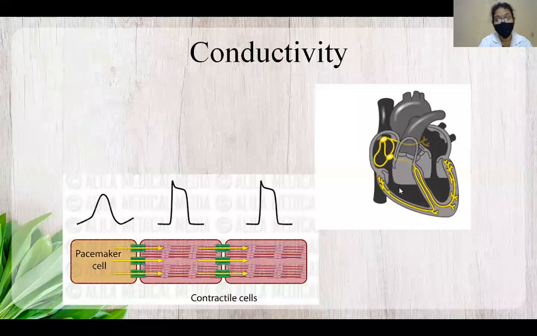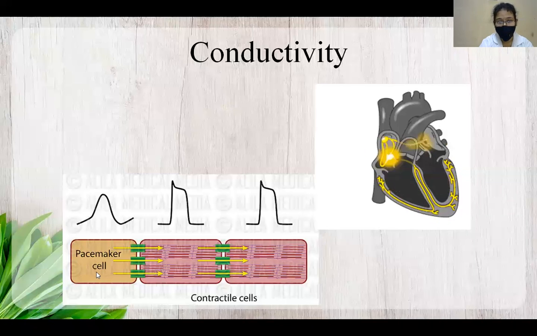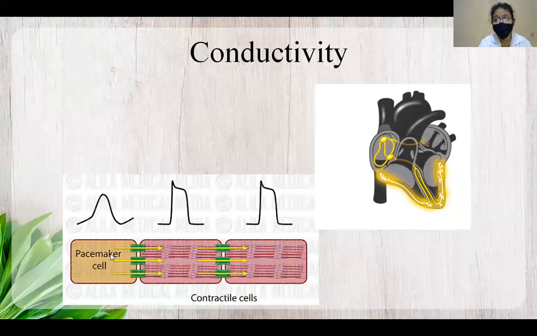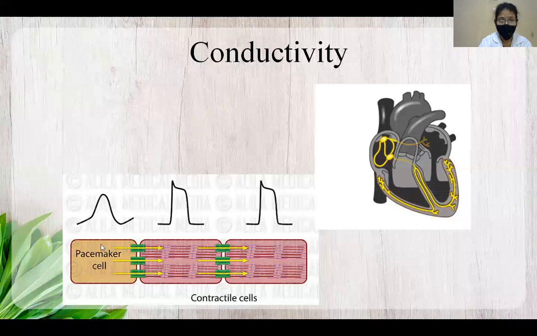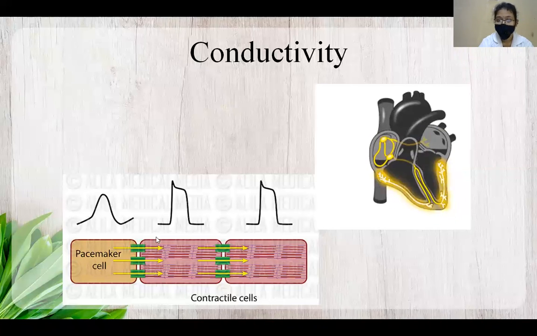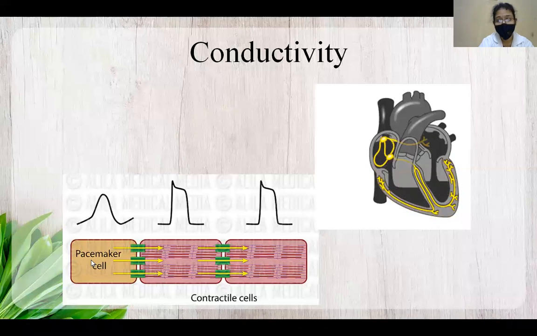Now coming to conductivity. As I told, the impulse is generated at the pacemaker cell. In the frog's heart, it is the sinus venosus. From the pacemaker cell, as you know, cardiac muscles have intercalated discs with a lot of gap junctions, which allow easy flow of ions.